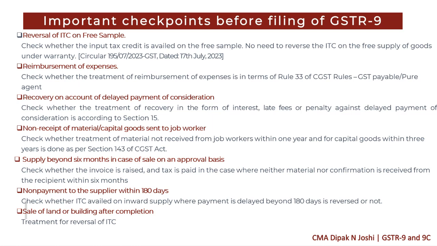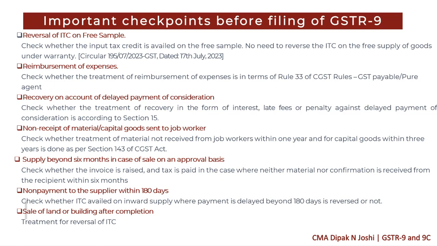So one should check, before filing GSTR 9, whether ITC on invoices on which consideration is not paid within 180 days is reversed or not along with the interest. And if it is not reversed, then we should insist that the registered person reverse such credit in form GSTR 3B along with the interest.